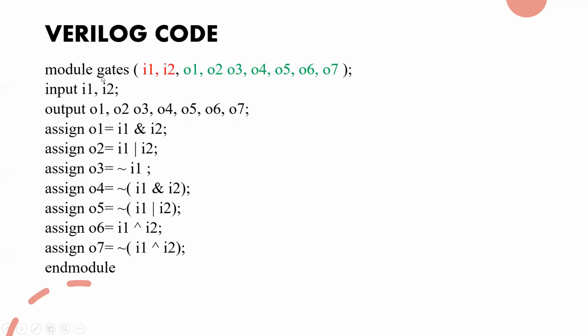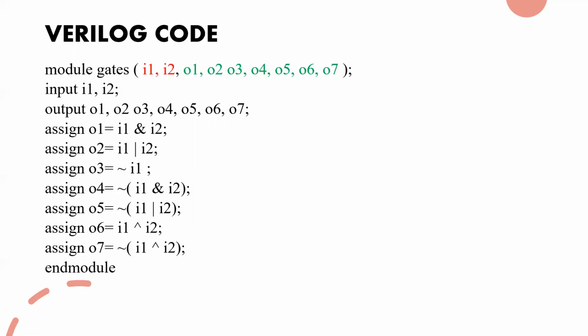So we have given gates as a module name, and in this module we have two inputs, and we are realizing all the gates: AND gate, OR gate, NOT gate, NAND, NOR, XOR and XNOR. So totally we are realizing 7 gates.